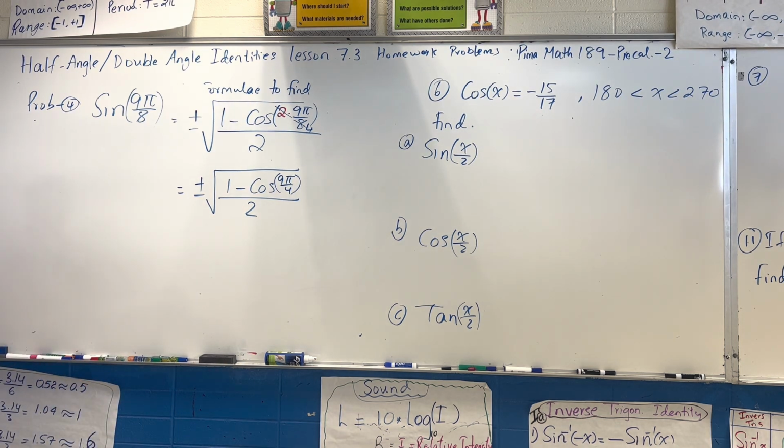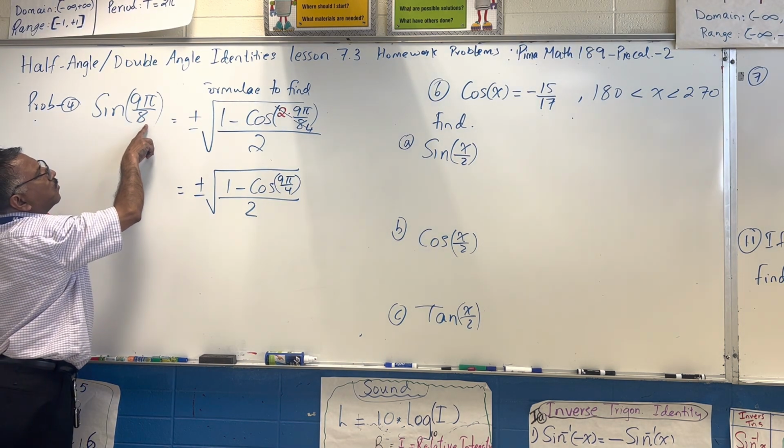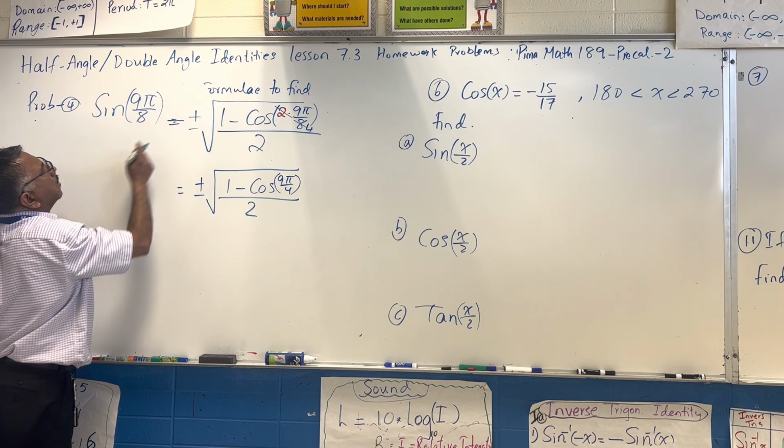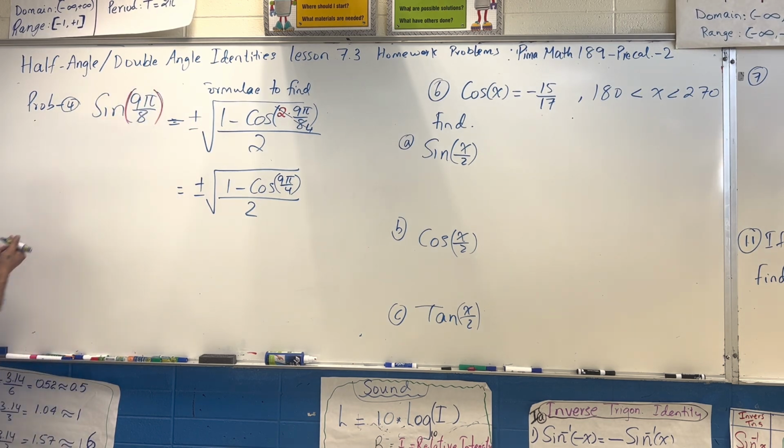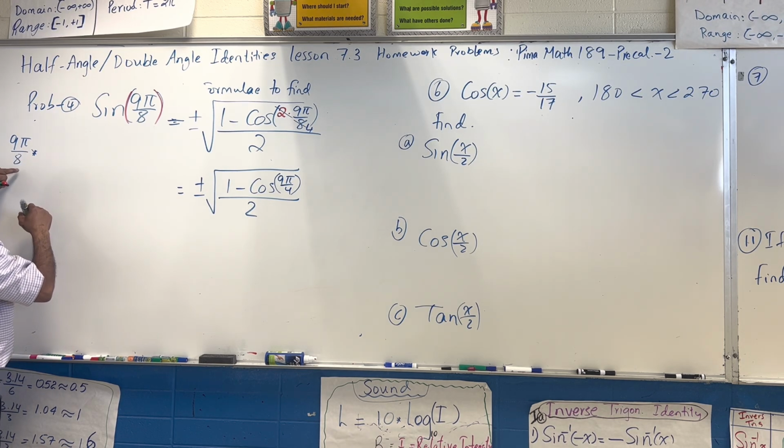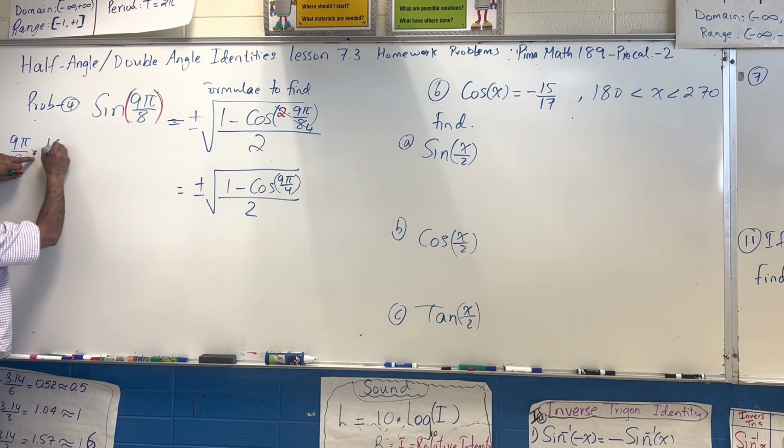Okay, now in order to know whether it is plus or minus, we need to know which quadrant this 9 pi by 4 is in. The best way I would do is we will change this to the degree measure. So 9 pi by 8. If I want to change it to degrees, I have to multiply by 180 by pi.